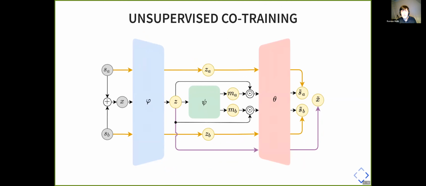And a slightly more complicated setup that is super cool about these models is that you can actually do unsupervised co-training. So a central issue with supervised learning is that you need these data sets. So in order to train these three model components, the encoder, the masker, and the decoder, you need examples of X and S, and S_A and S_B, so these single sources.